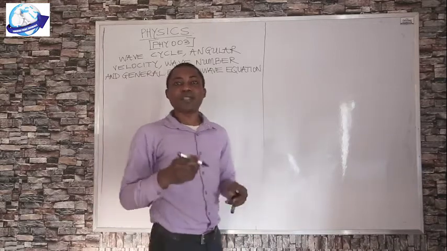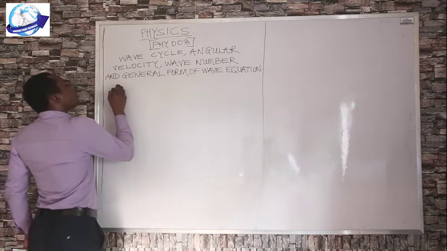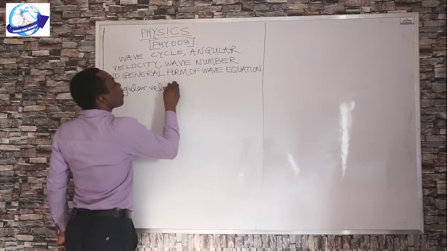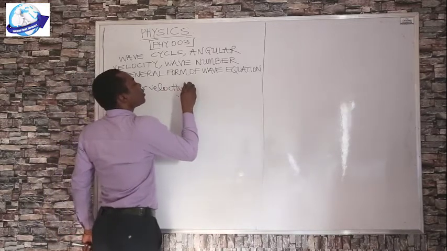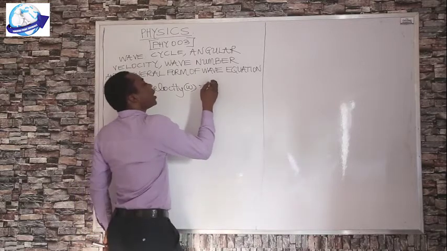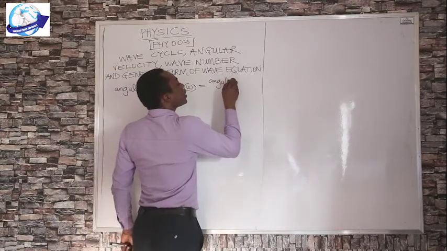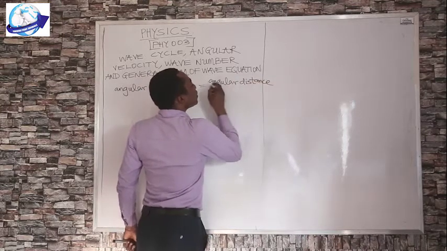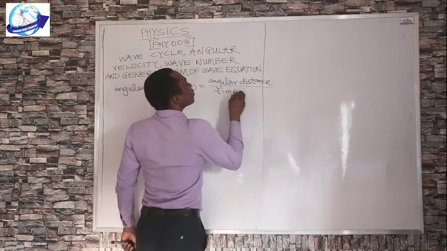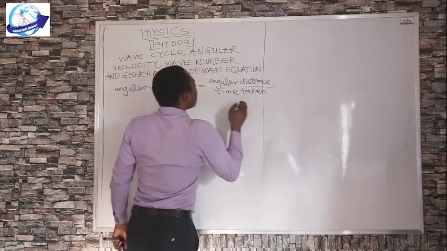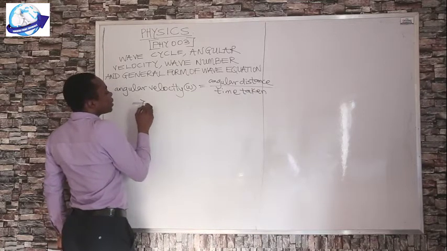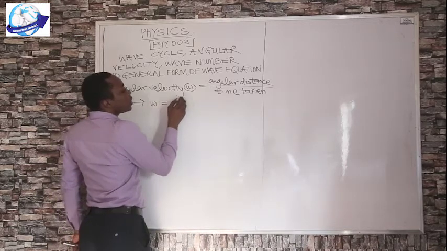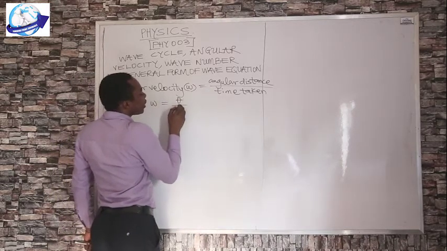Mathematically we have it like this. Angular velocity, which is omega, is equal to the angular distance theta all over the time taken.